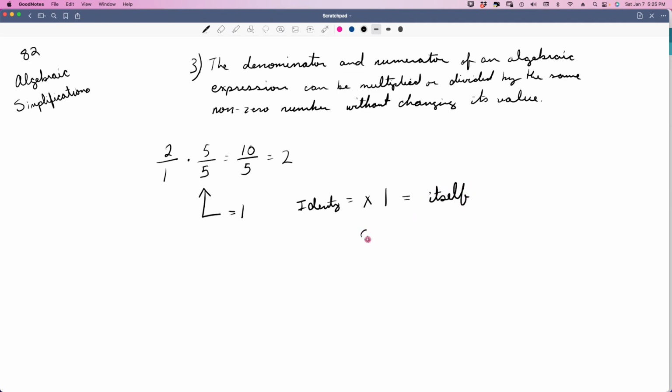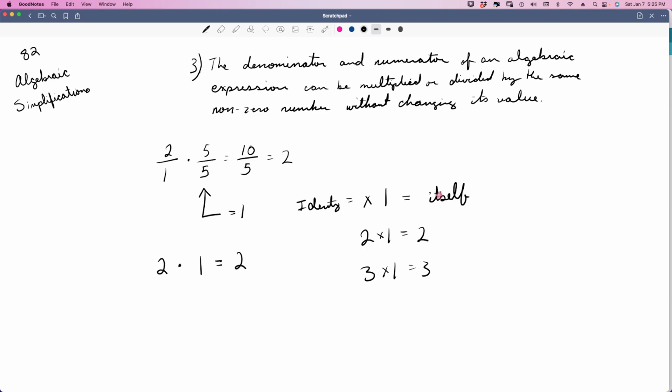So that just means 2 times 1 is equal to 2, right? 3 times 1 is equal to 3. Well, what we did up here, technically, we said 2 divided by 1, that's 2 times 5 divided by 5, that's 1. The answer is 2. That's what we did here. We just changed what it looked like, not what its value was.